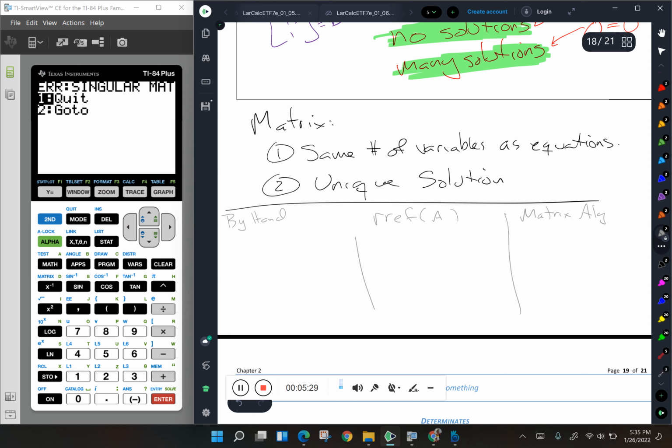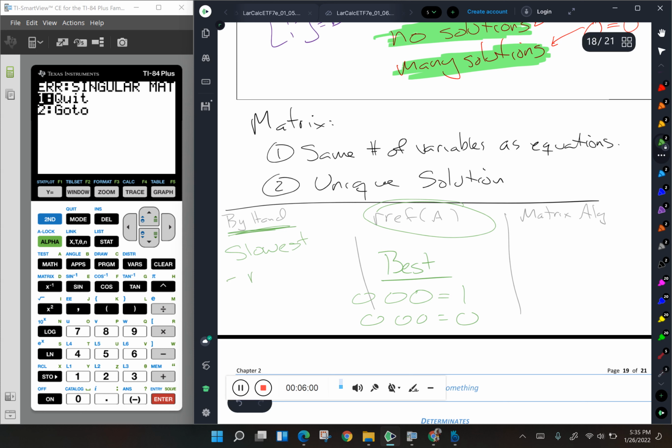In my opinion, this one's the best, because it works no matter what, as long as you remember how to read the matrices. When you see 0 equals 1, or when you see that row of all zeros across the bottom of the matrix, if you know what that means, this is probably the best way to solve these things, the fastest. This would be the slowest.